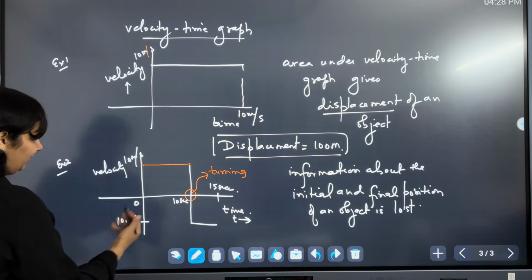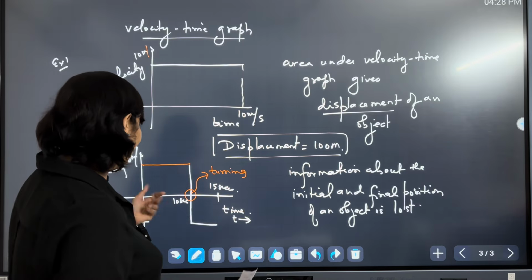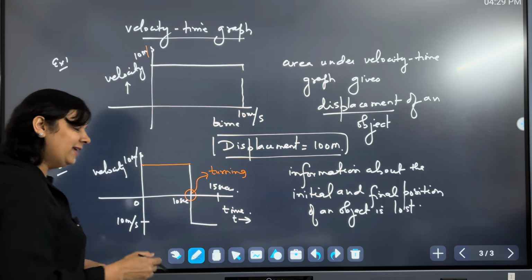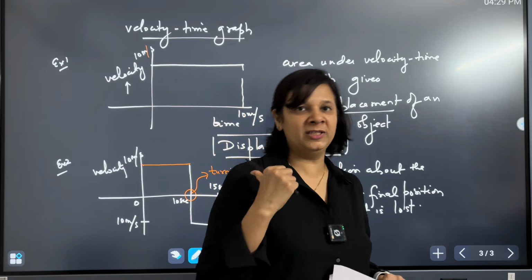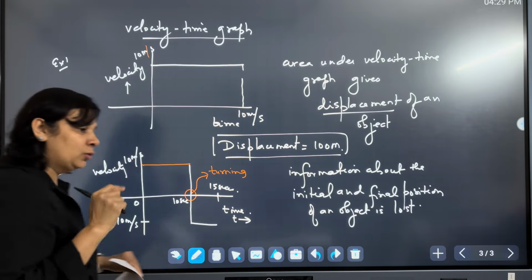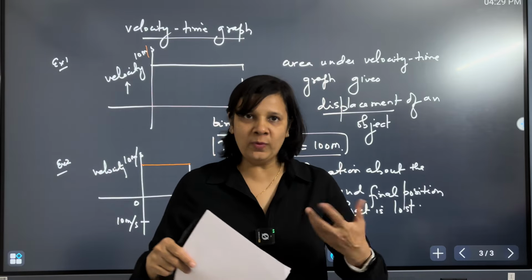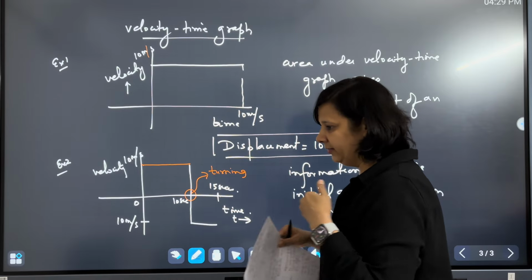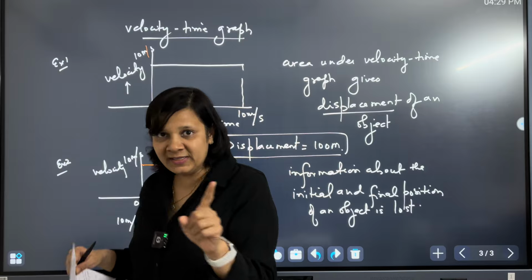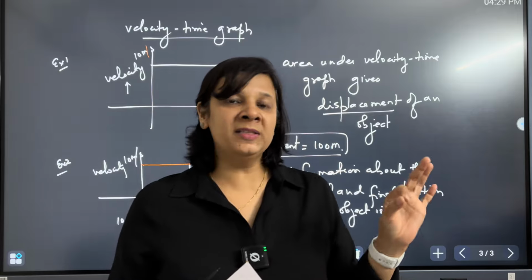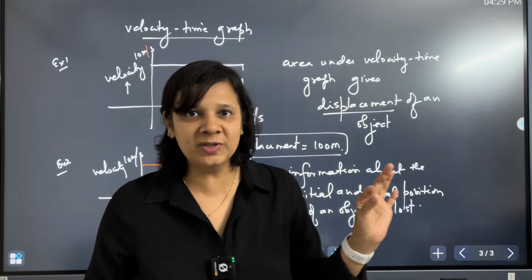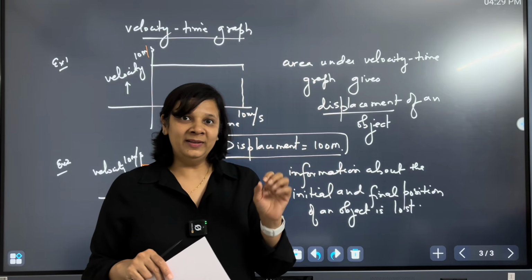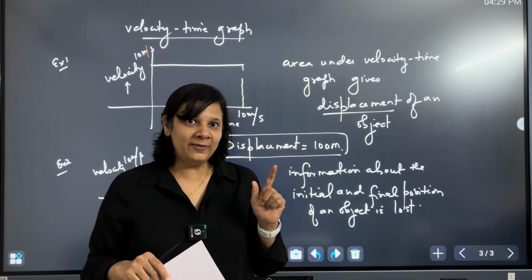It is not up to scale, but let us assume that with the same velocity it was moving in the opposite direction. Now for the total distance covered by the object, we have to add the distance it covered, and then the distance after it turned back. But the displacement depends upon the initial and the final position of the object, so that will be the difference, so that value will be less.